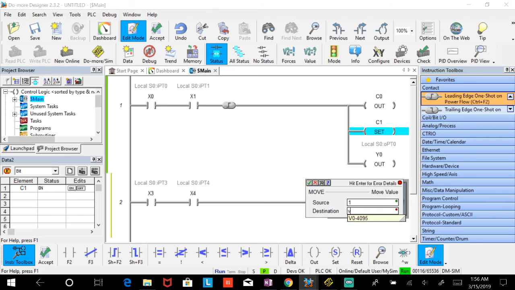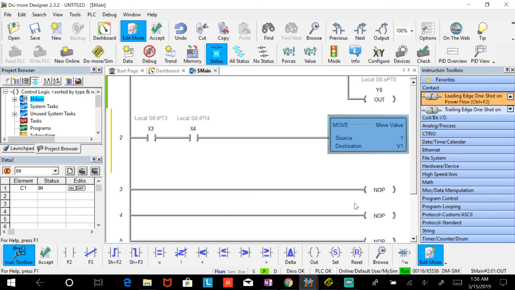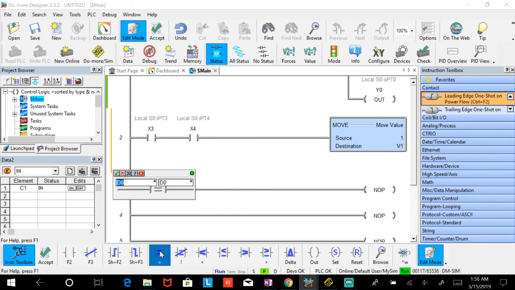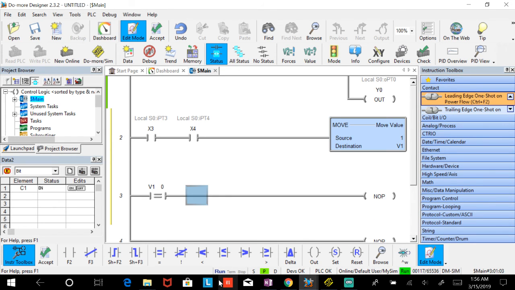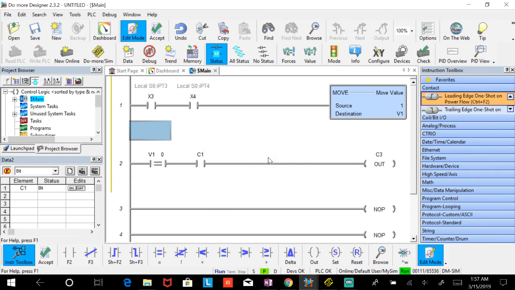This is going to be V1. Okay. Then we might have something like this: when V1 equals 0, C1 is true, then C3 is true. I'm going to eliminate the logic upstairs. This logic, I'm going to eliminate it. Delete rung, yes.